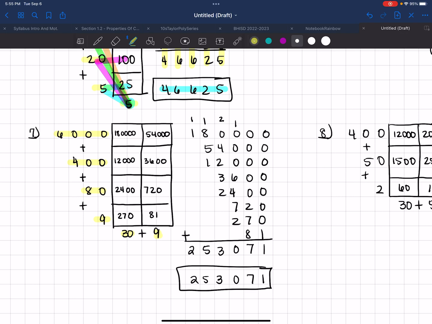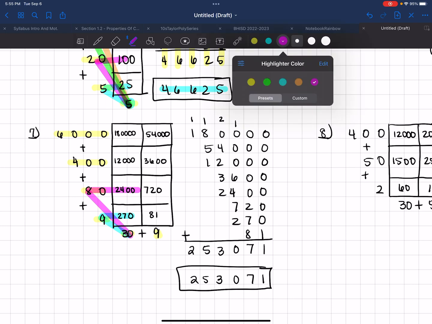Now I'm going to take each one of the yellow highlights and multiply them times each other. So that means I'm saying 30 times 9, which is 270. Okay, then I can say 30 times 80, which gives me 2,400.